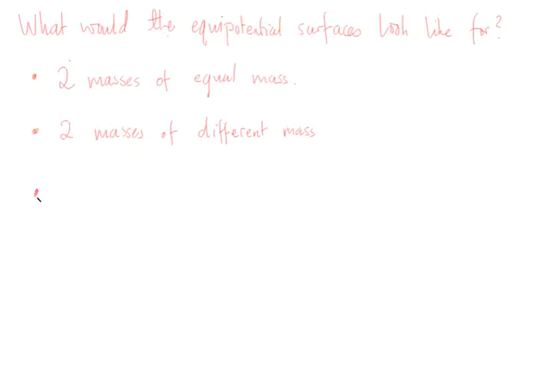There are also simulations you can do for charges, because the equipotential surfaces of charges are similar. So an equipotential surface for a positive point charge is much the same as for a point mass. What would the equipotential surfaces look like for two like charges? What would they look like for two opposite charges?